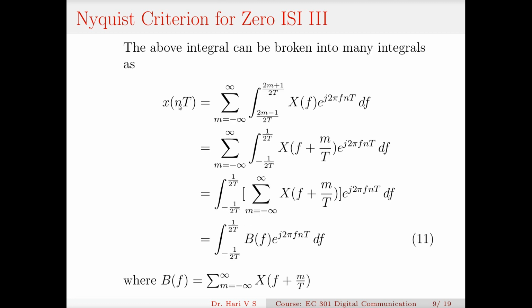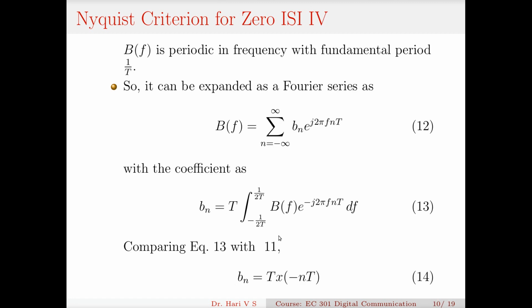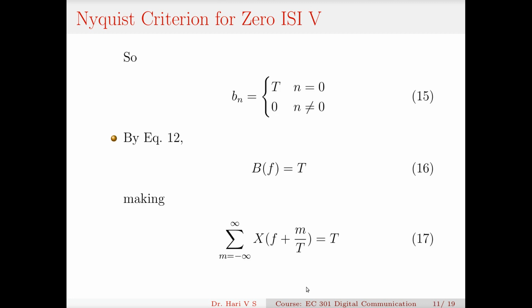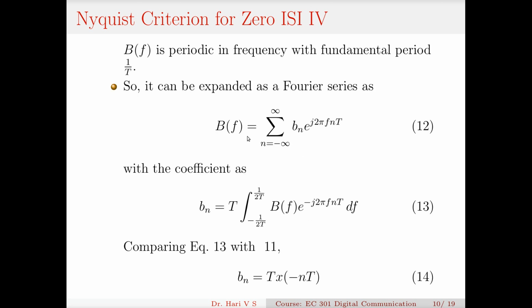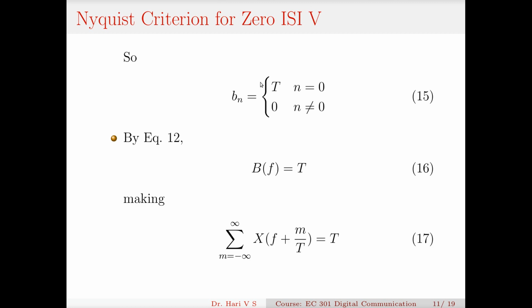All you have to do is make this x(-n), so that this becomes part of this Bn or Bn by T, so that Bn is T times x(-nT). And you know that x(nT), we said it is a delta function. So when n equal to 0, this Bn should be T times x(0). x(n) is a delta function, so at n equal to 0 its value is a 1. So Bn equal to T for n equal to 0, and Bn equal to 0 for n not equal to 0.